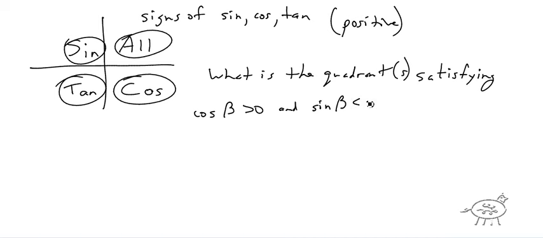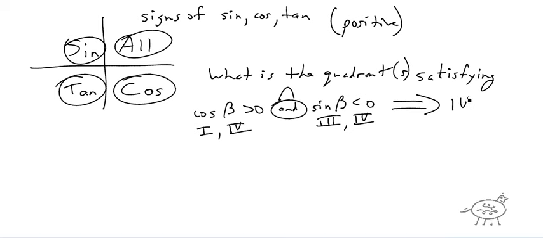Where's cosine greater than 0? Well, cosine is greater than 0 in the first quadrant because they're all positive there, and also the fourth quadrant. Whereas sine of beta less than 0 is in the third quadrant and the fourth quadrant. And it's "and", so you're looking for the intersection of the two. Where are they intersecting? Well, they intersect at quadrant 4. So the answer to this problem is quadrant 4.